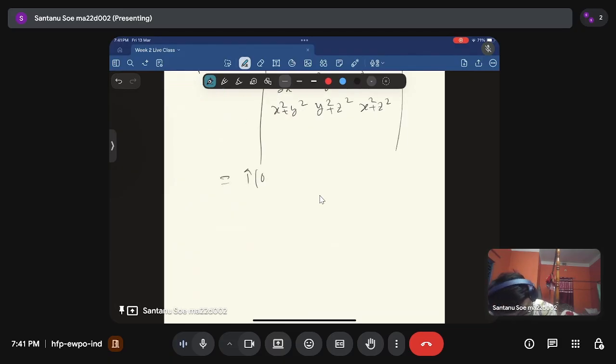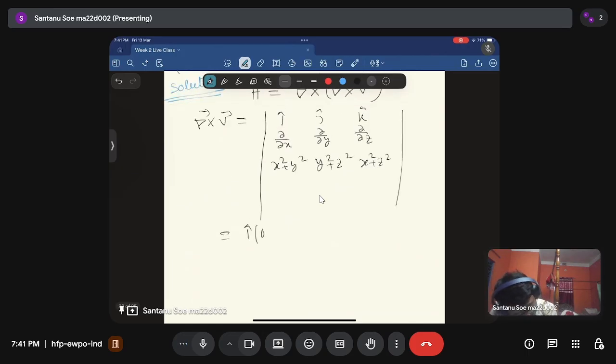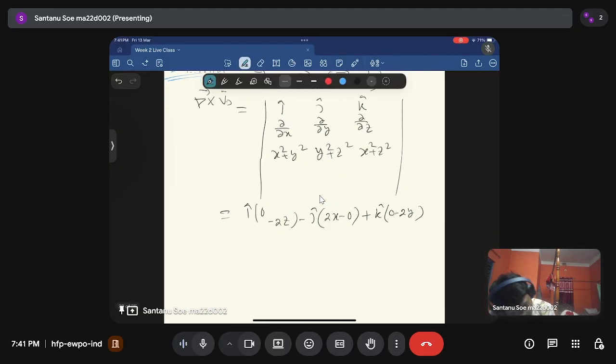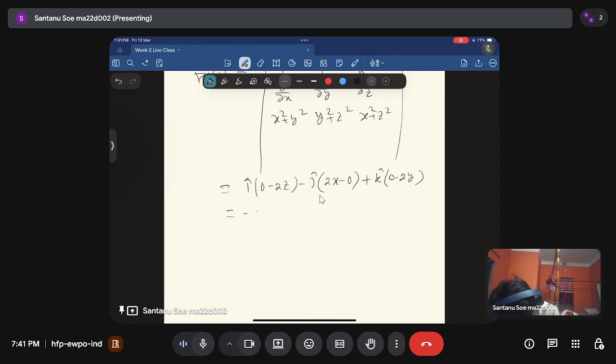So this is i times (0 minus 2z) minus j of (2x minus 0) plus k of (0 minus 2y). So this is minus 2z of i minus 2x of j and minus 2y of k.